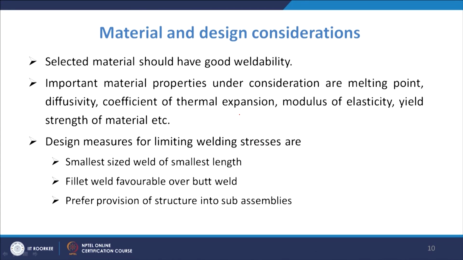Then you also have to focus on the material and the design considerations. You have to see that the selected material has good weldability. The important material properties to be considered are the melting point, diffusivity, coefficient of thermal expansion, modulus of elasticity, and yield strength of the material. These are the properties which need to be understood, and their effect on the generation of residual stresses should be known to you.